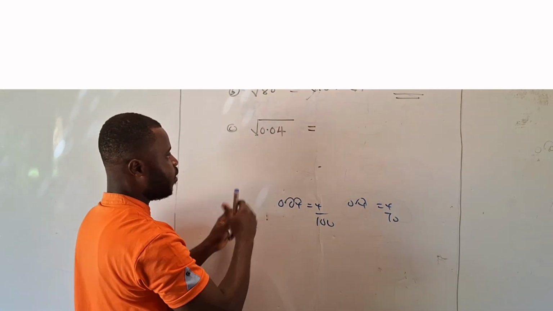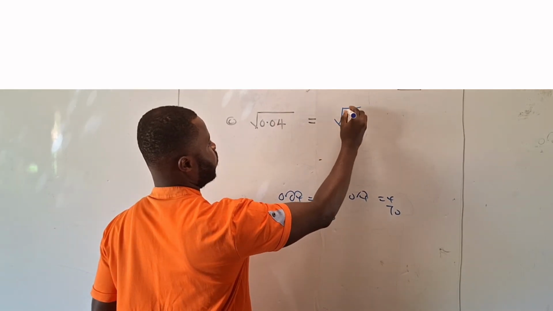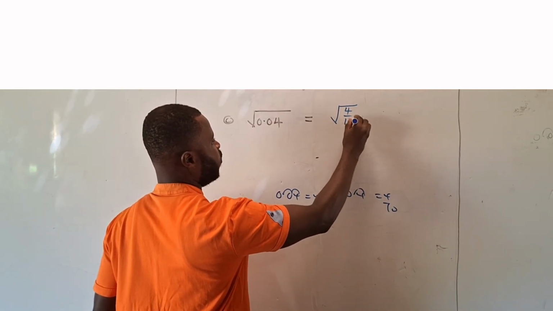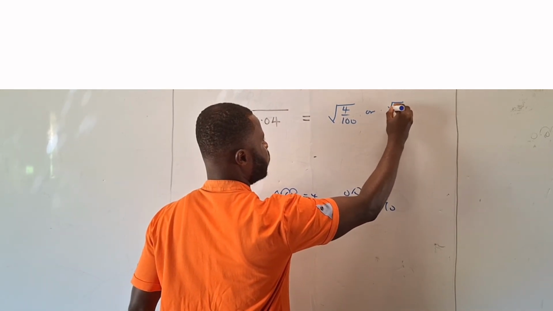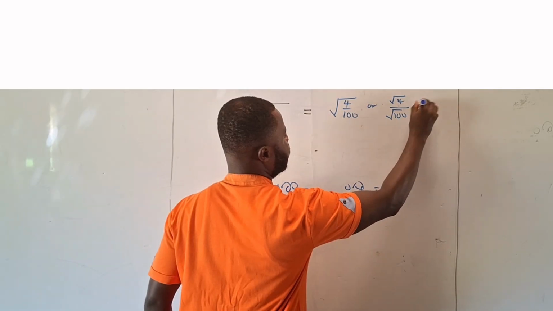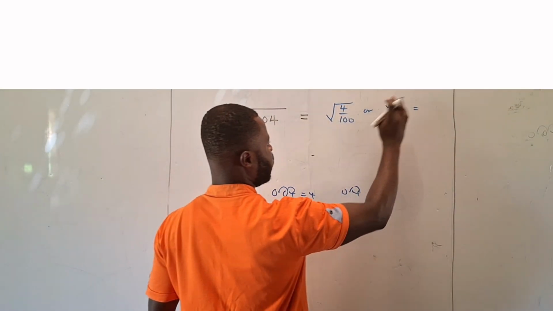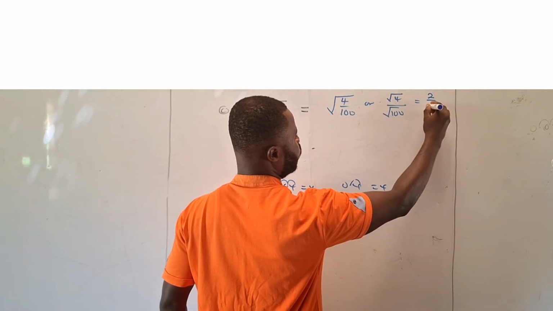So to break down this one, we simply get root 4 on 100, or you can get root 4 all over root 100. Now to solve this, what's the square root of 4? 2. Square root of 100 is what? 10.